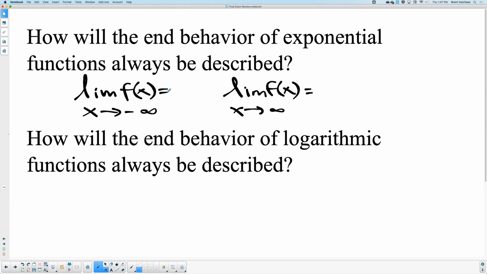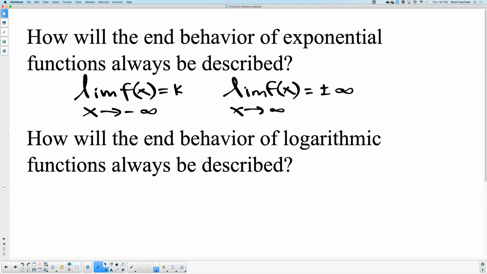What will be true of the y's though? One is going to be a constant. One's going to be infinity. We don't know which one it is. If the negative infinity has the constant, then the positive infinity would have a positive or negative infinity over there. It could be positive, it could be negative, depending on the problem.